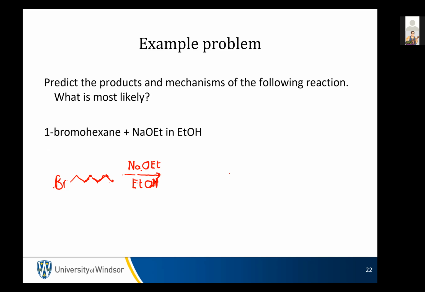I've got a primary leaving group. So your Spidey sense should be going off. My thingy is like a stick. Ethoxide is a stick. That says stick. I promise. So I got a stick. It's a strong nucleophile because it's O minus, so we're not going to wait around for the carbocation to form.